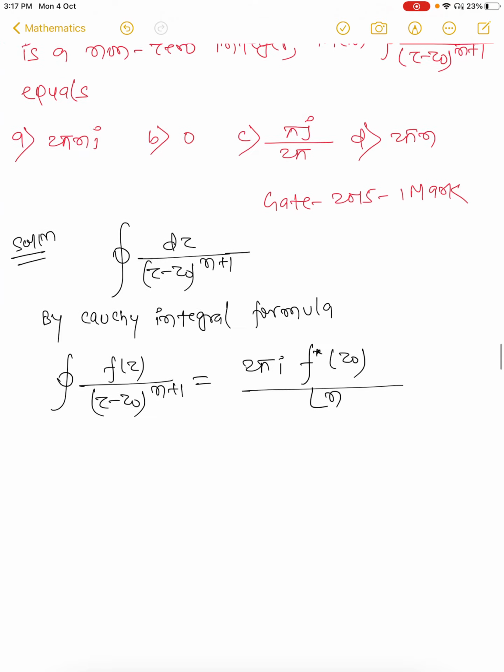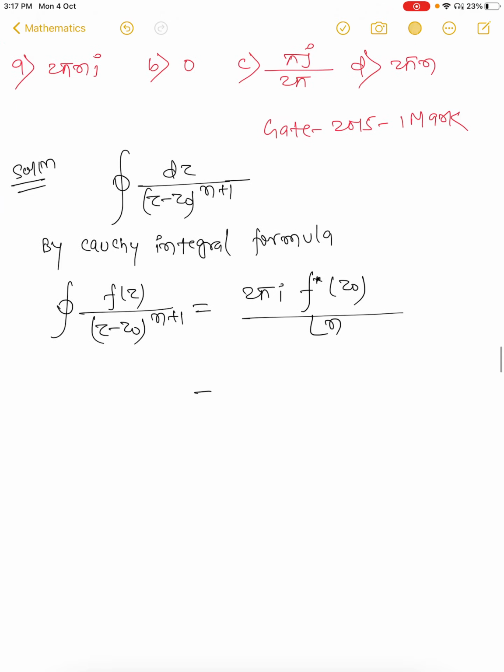So it will be 2 pi i times the derivative of 1, the residue part will be 0, and the answer will be 0.